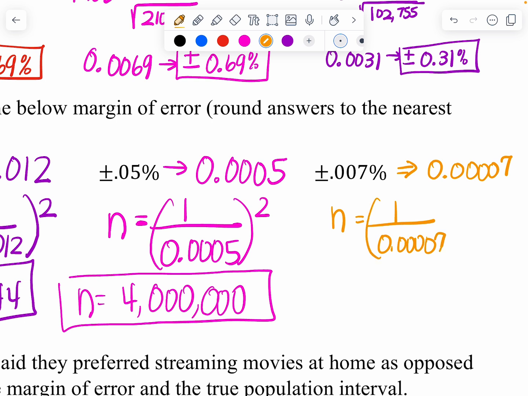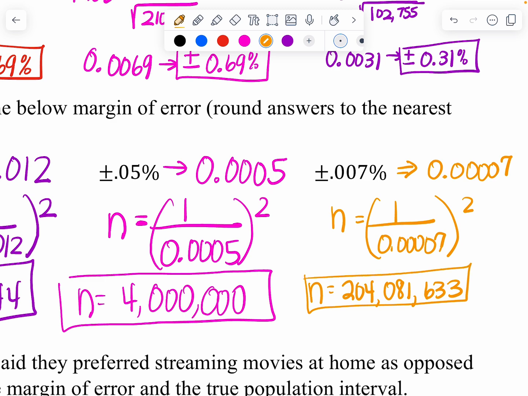We're going to take that number and square it. And we end up with a sample size in the millions again. But this is 204,081,633. Huge. And do practice putting that in your calculator to make sure that you get the right answers.